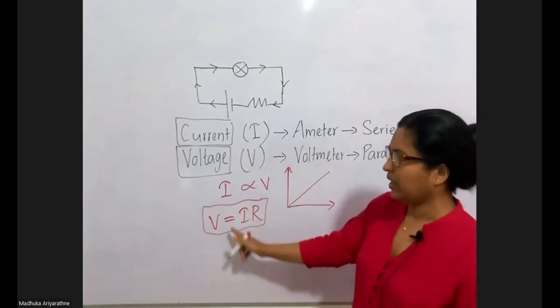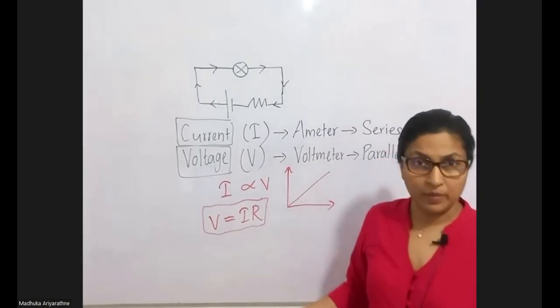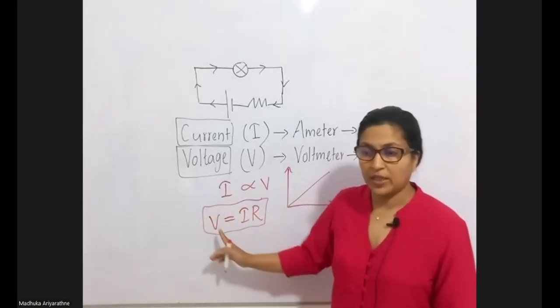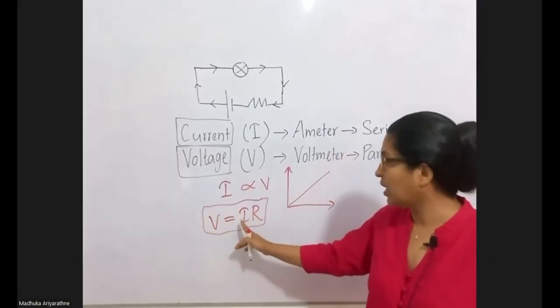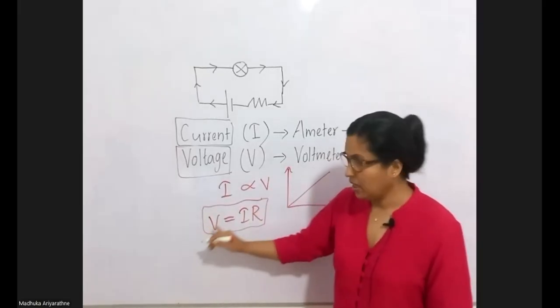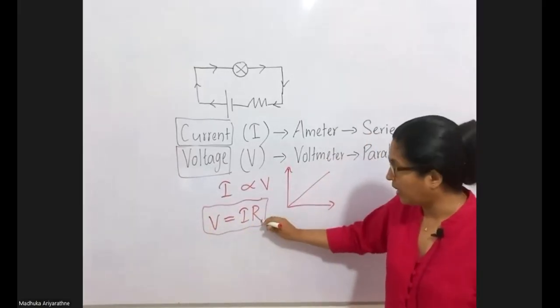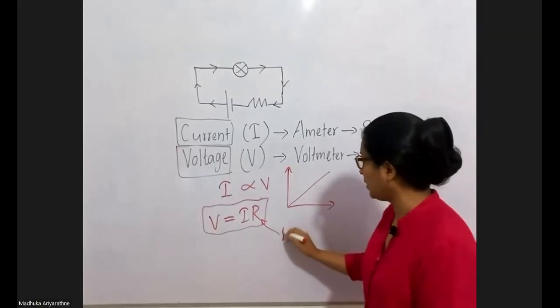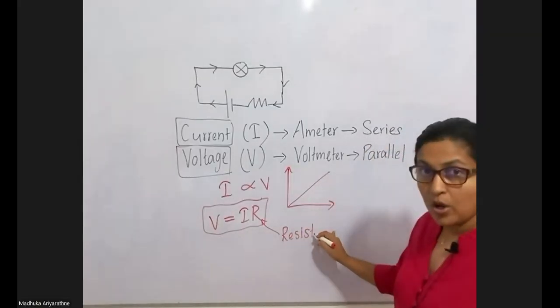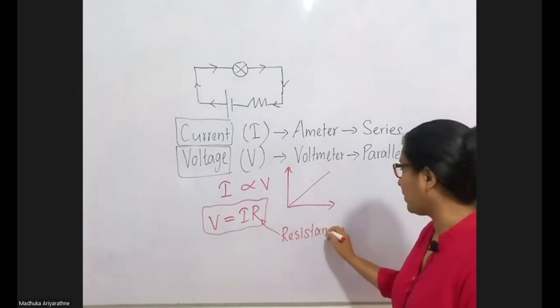In order to have an equation to do calculations, the scientists derived this equation, known as V equals IR. Here also the voltage is there, the current is there, and the other component is what we call the resistance, R.